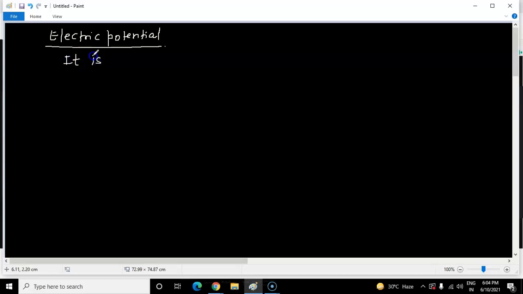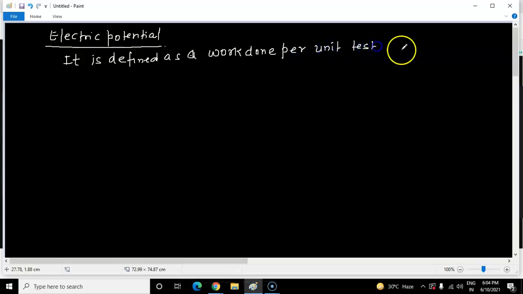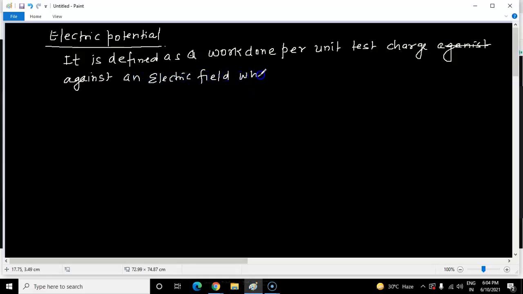So electric potential is defined as the work done per unit test charge against an electric field when a test charge is moving from infinity to that electric field.